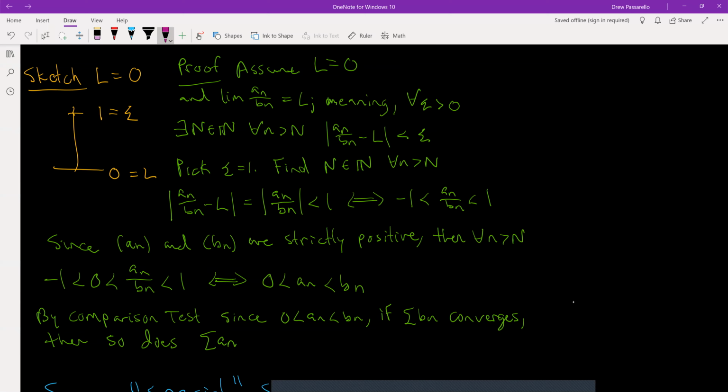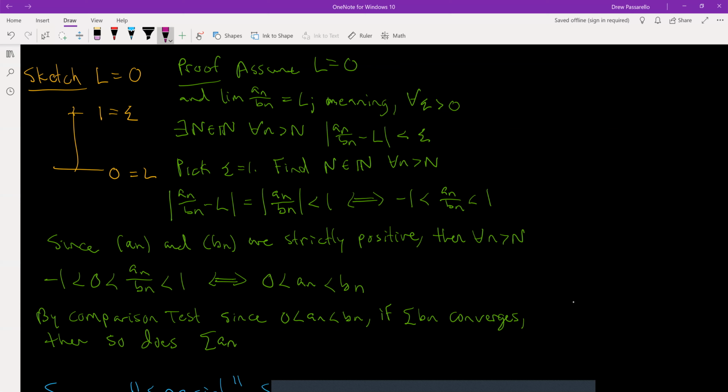Since we know it converges, we can find the necessary capital N, so that for all little n bigger than capital N, we have that An over Bn minus L, which since L is 0, is just the absolute value of An over Bn, being less than 1. That's if and only if we have -1 less than An over Bn less than 1.